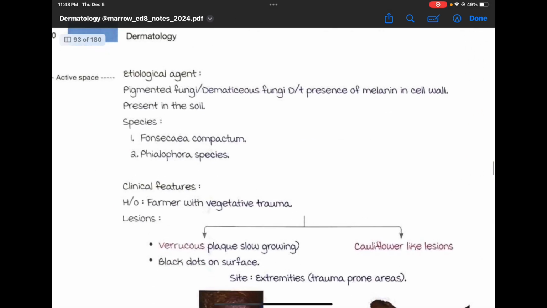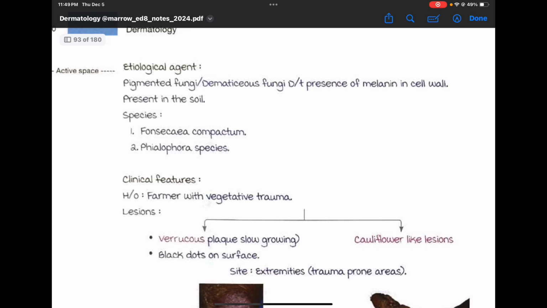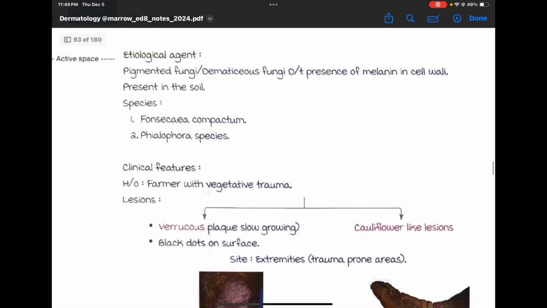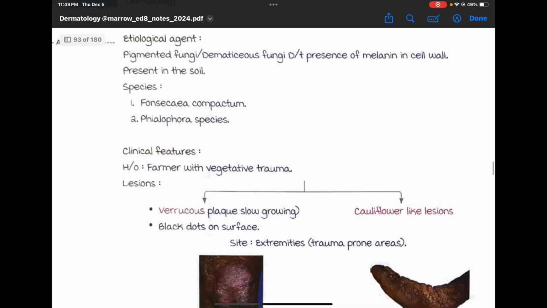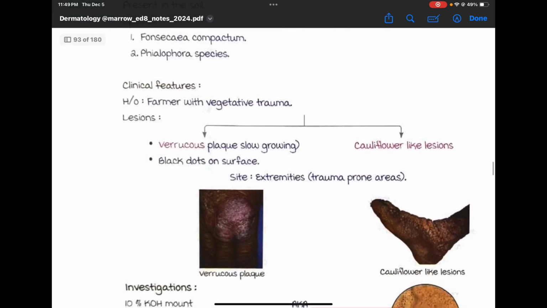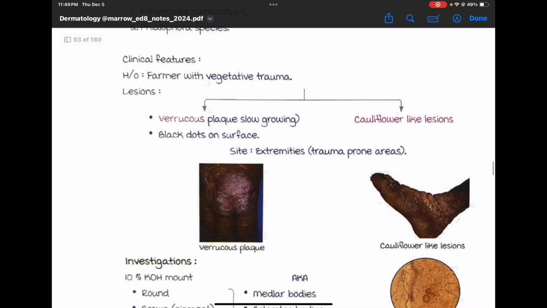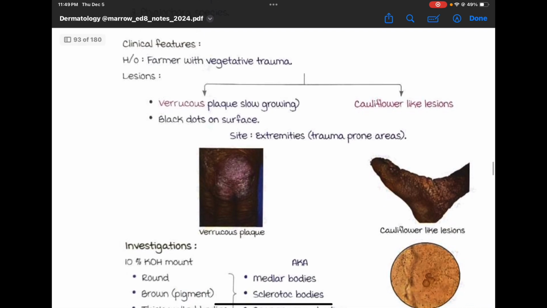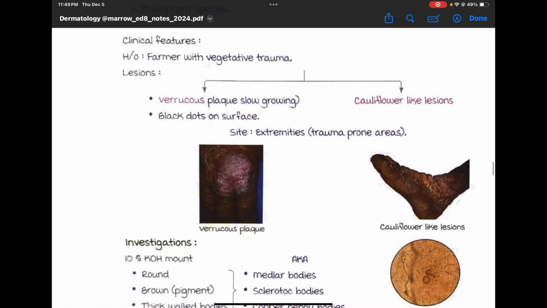Species: Fonsecaea compacta, Phialophora species. Clinical features: farmer with vegetative trauma, lesions verrucous plaque, slow growing, black dots on the surface, cauliflower-like lesions, site extremities, trauma-prone areas. So then you think about verrucous dermatitis, chromoblastomycosis.